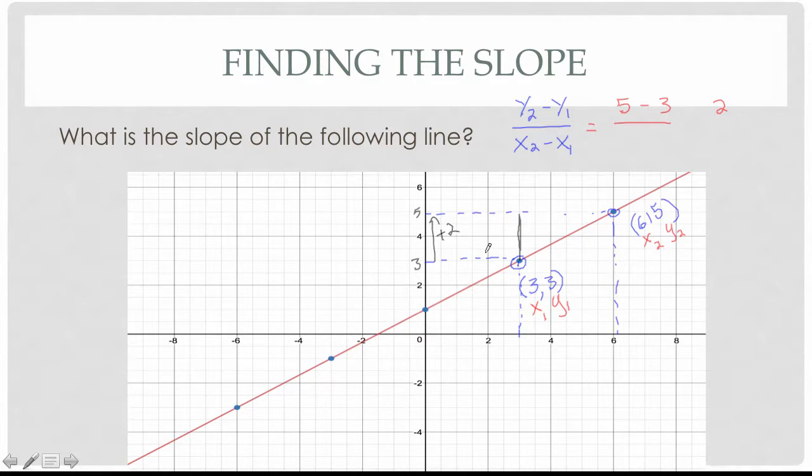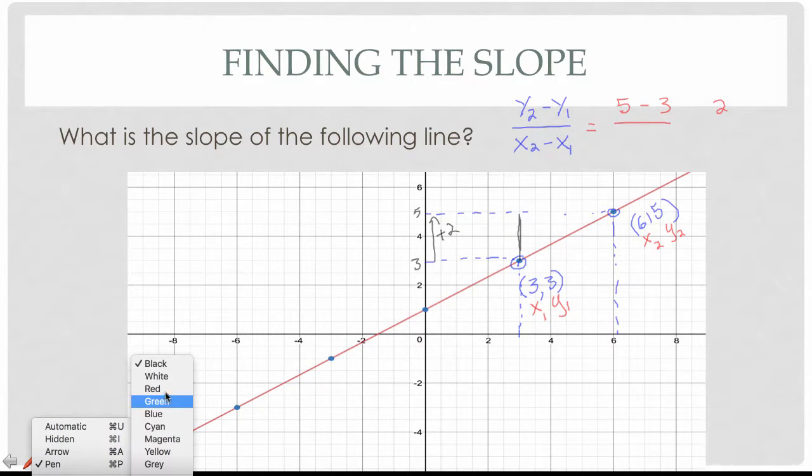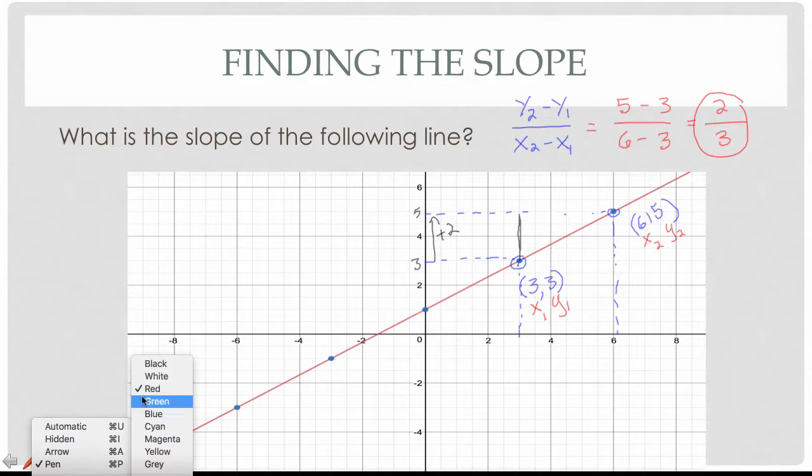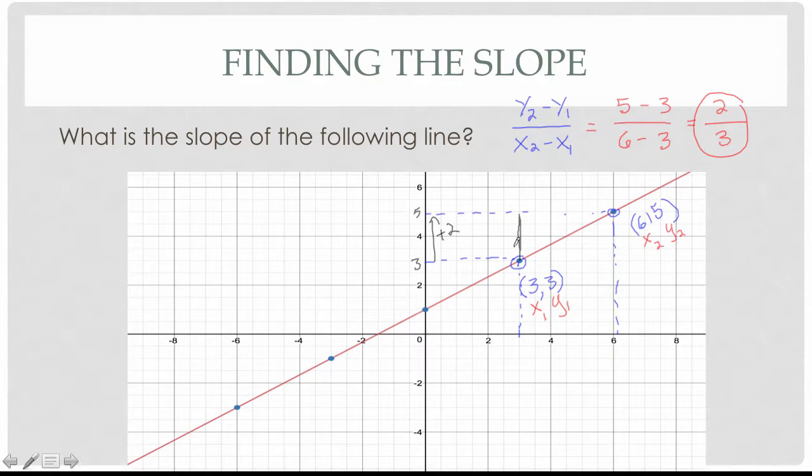Okay, but as my y values change, so do my x values change. It's a relationship between x and y, so let's figure that out now. x2 minus x1, my value for x2 was 6. My value for x1 is 3, so I'm going to put those in. So I have 6 minus 3 equals 3. So as my y values change by 2, my x values change by 3.